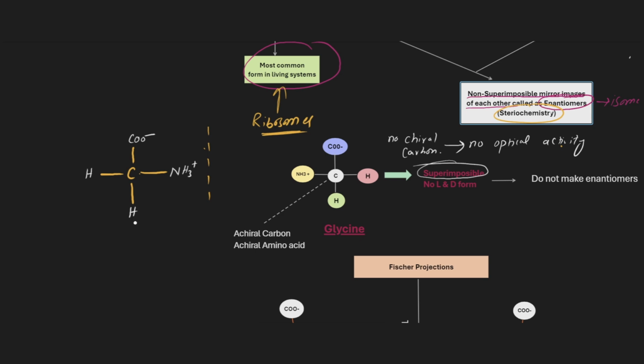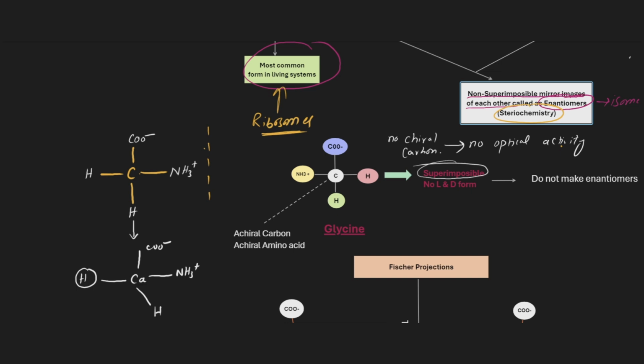So now, as I have already told you, in case of the Fischer projections, amino acids exist in the tetrahedral symmetrical form. That is, the hydrogen atom is on one side of the structure, while the other 3 groups lie on the other side. Like there is NH3 positive, there is a carboxylic group, and there is a hydrogen.